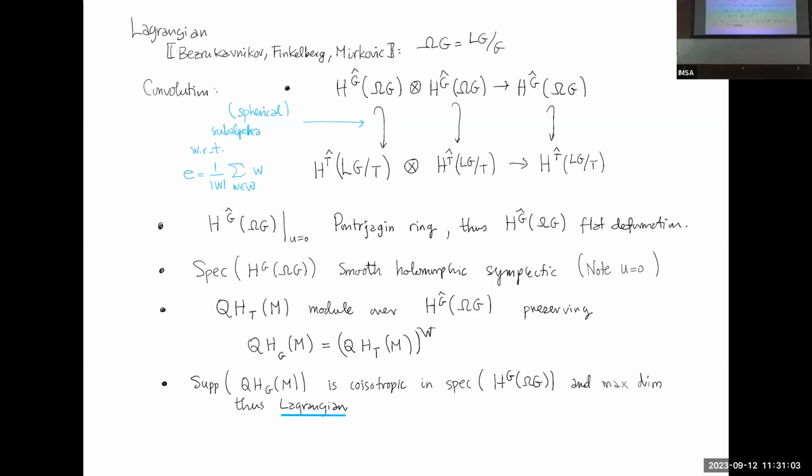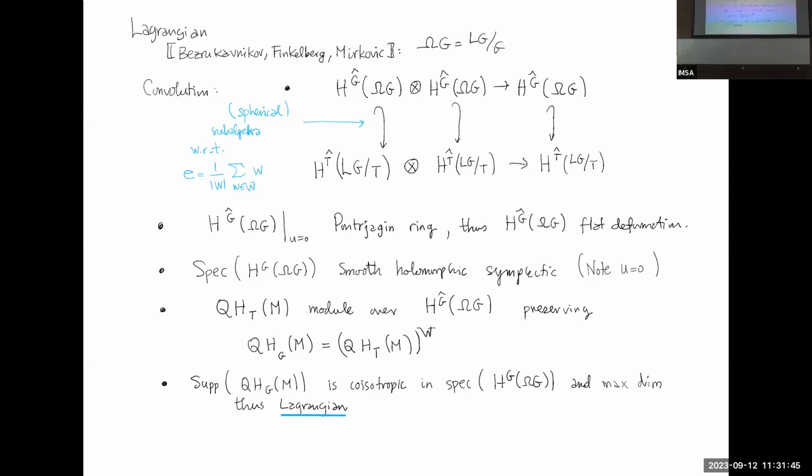So the convolution gives you a product also on the equivariant homology of the base loop group, with respect to G hat. The description that Bezrukavnikov, Finkelberg, and Mirkovic gave is that you can see that algebra embedded in the nil-Hecke algebra, the equivariant homology of the partial flag variety with respect to T hat, as a spherical subalgebra with respect to the symmetrizer.